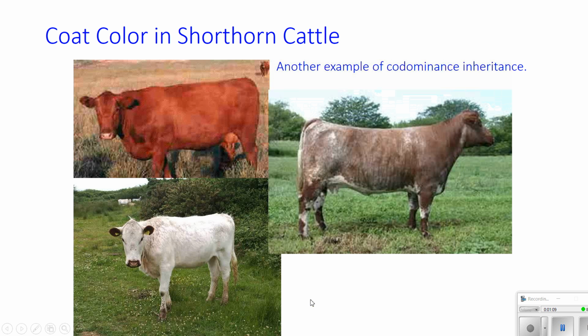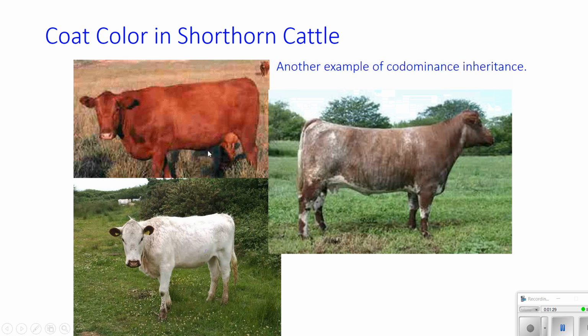So before we leave codominance completely behind, another great example of codominance is in shorthorn cattle. There's something very similar in certain breeds of horses as well, but specifically here we're talking about the coat color, the fur color of the animal.